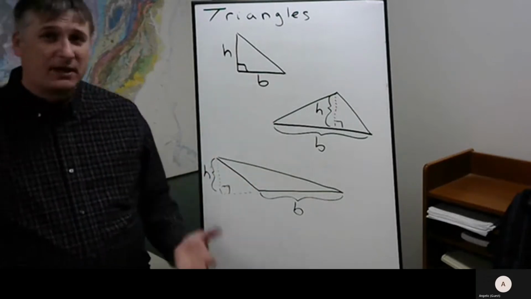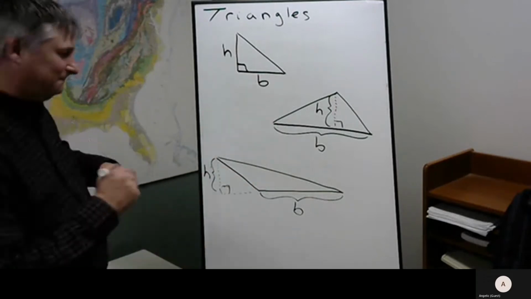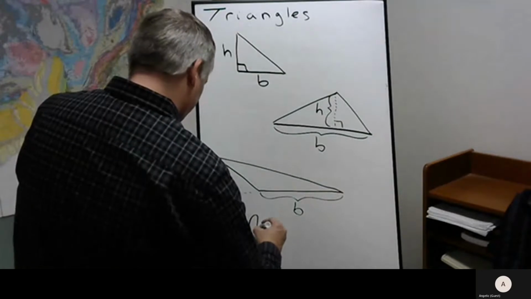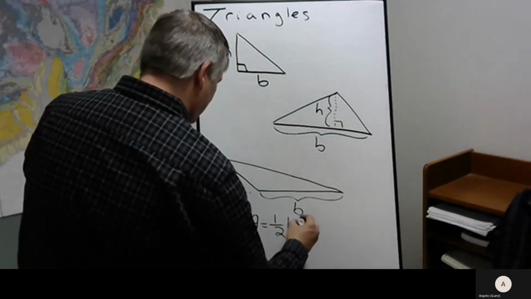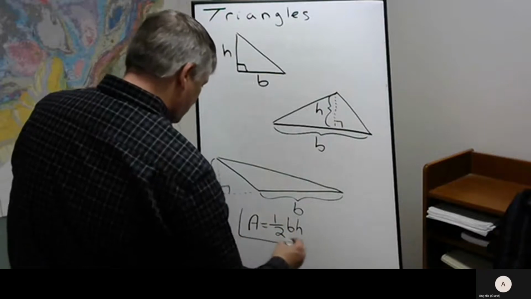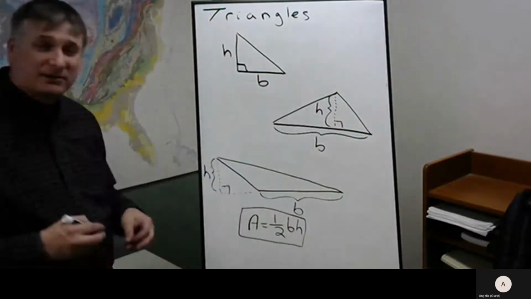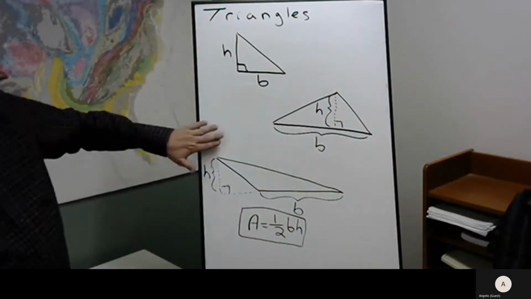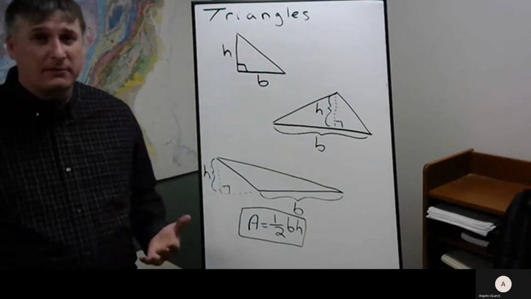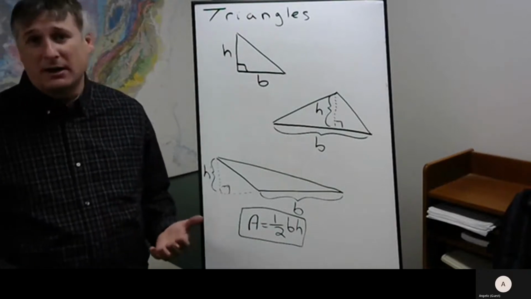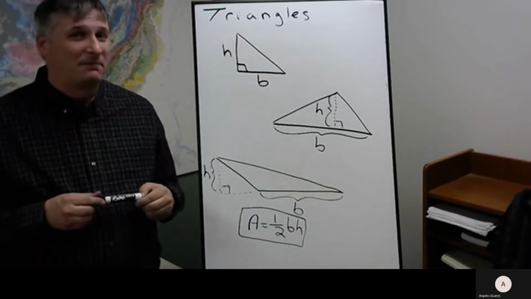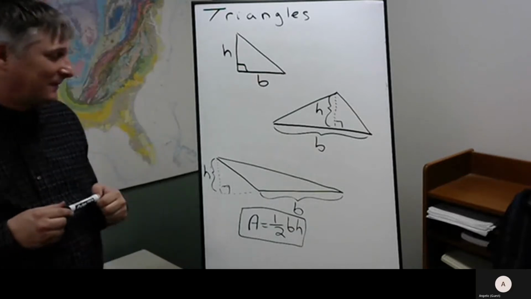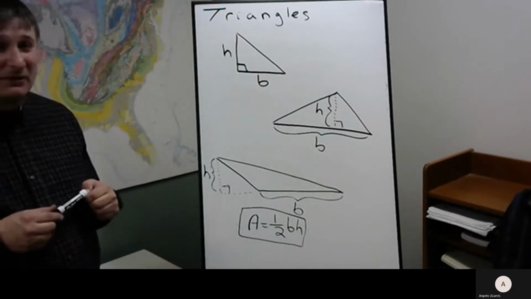They're all going to have the same formula for the area. It's 1/2 base times height. For all three of these, you're going to use the same formula, 1/2 base times height. Any questions about that? All right.